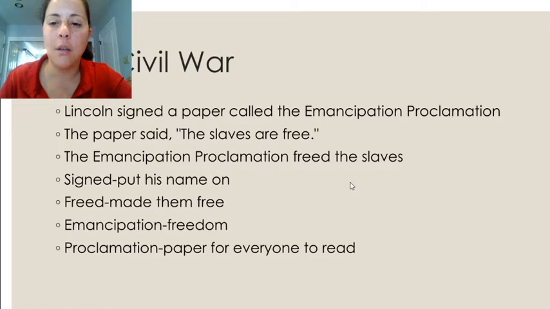Okay, everyone repeat. Emancipation Proclamation. So Abraham Lincoln signed a paper called the Emancipation Proclamation. The paper said, "The slaves are free."